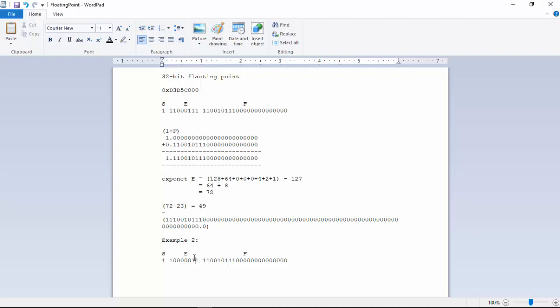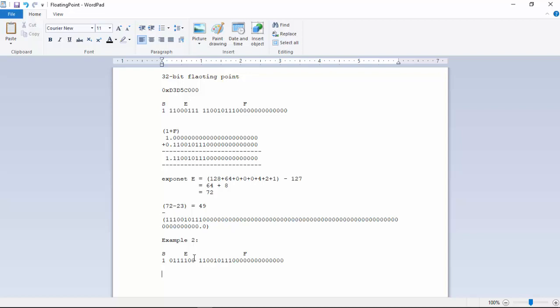Why not? Or let me give you another one where it actually represents a fraction number. So that would be more like 0, 1, 1, 1, 1, 0, 0, let's say.